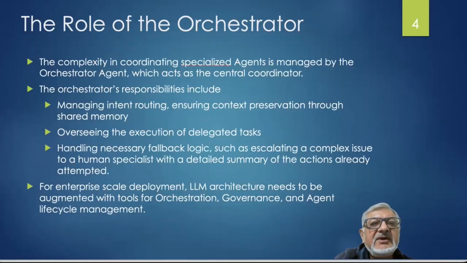It also oversees the execution of delegated tasks. The centralized orchestrator agent can delegate tasks to specific autonomous agents to execute. It also handles necessary fallback logic, such as when a human in the loop is required, and that is also handled by the orchestrator agent.